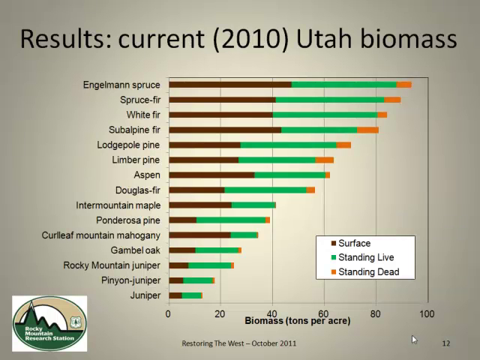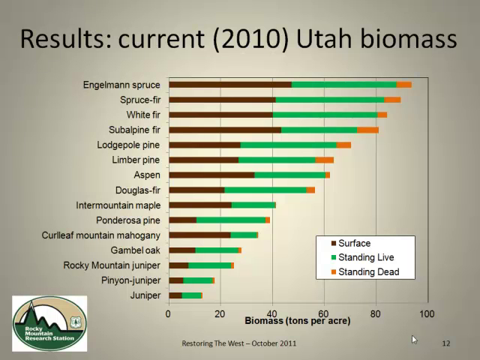So the results, these are the averages by forest types for the state of Utah in tons per acre on the x-axis there, and I'll just leave this up for a minute. I've got them arranged by total biomass, but in the green, is it still green, we can see that's the standing live, the brown is the surface fuel, and then the orange is the standing dead.